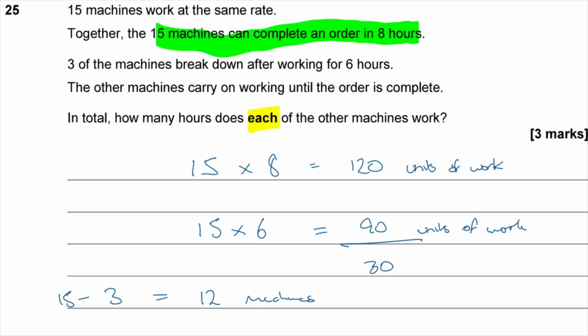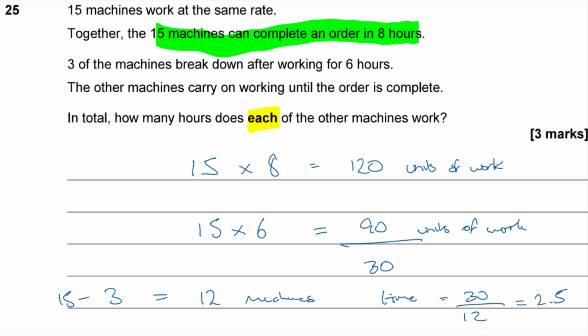So they need to produce another 30 units of work between those 12 machines. So the time is going to be 30 divided by 12. 12s into 30 go 2.5 times. So they're going to work for an extra 2.5 hours.